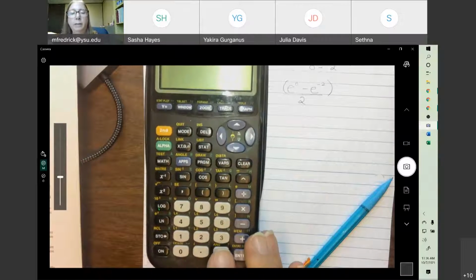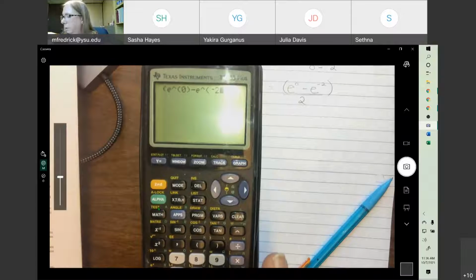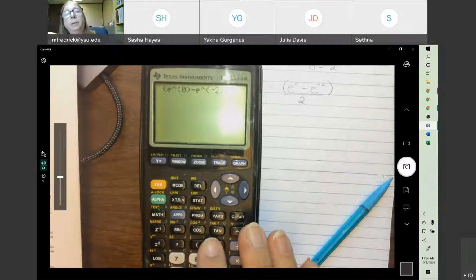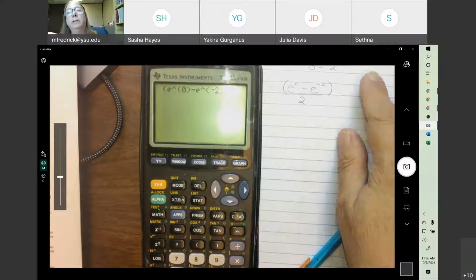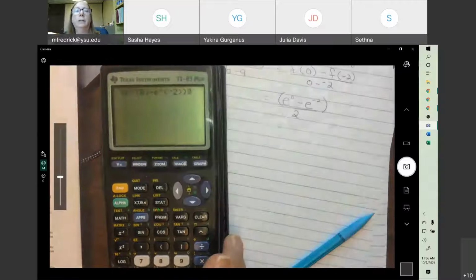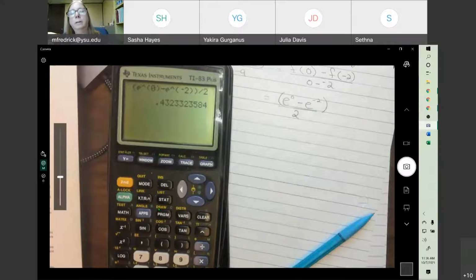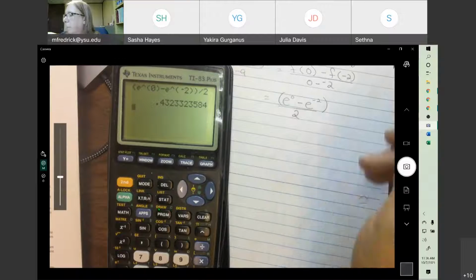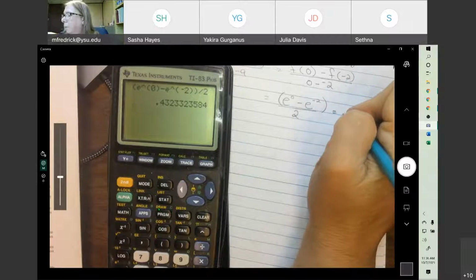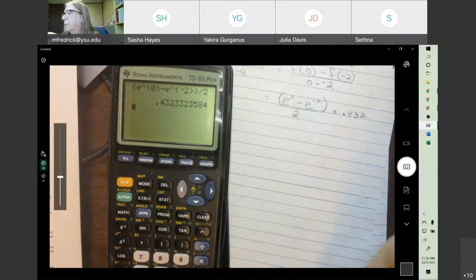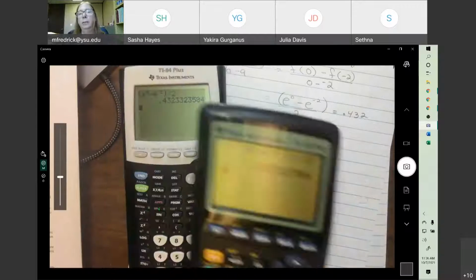Make sure you use the negative. And then close the parenthesis on exponential and close the parenthesis on the top of your fraction. And then divide by 2. Is there any questions on that?